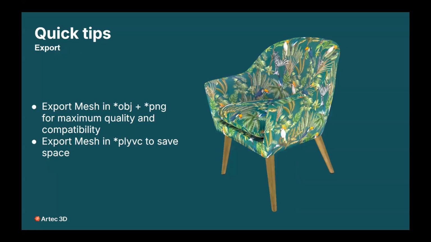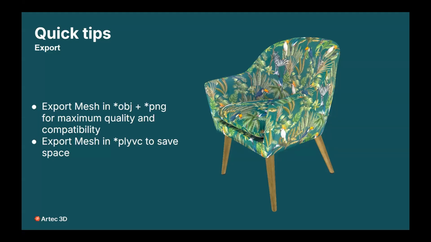Finally, I want to share a few quick tips about the export. The two most popular formats for the export would be OBJ and PLYVC. If you're aiming at the highest texture quality, the best fidelity of your texture, and maximum compatibility with different software, websites, and so on, I would recommend to export in OBJ.